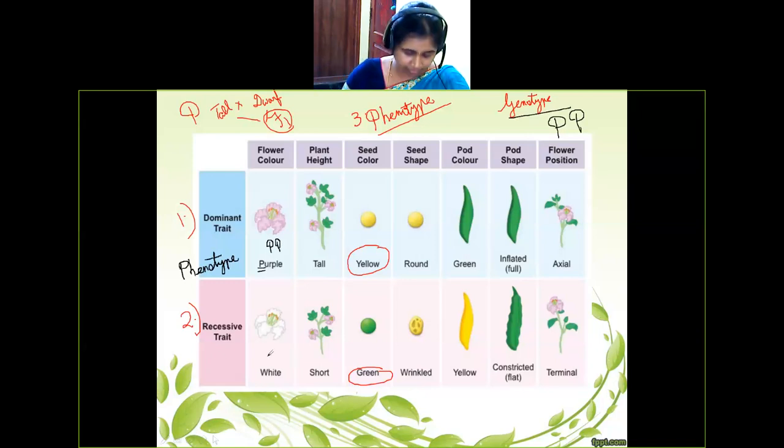The recessive trait can be expressed like this: small p, small p. And here, tall.